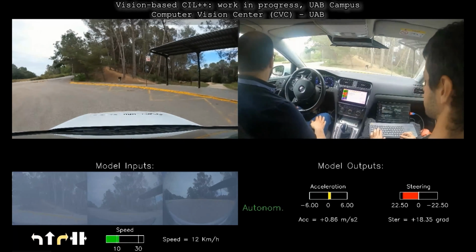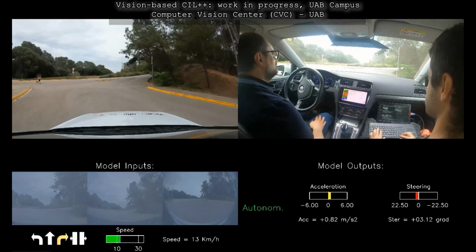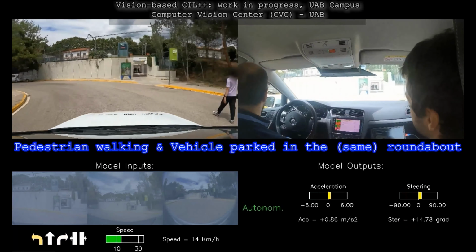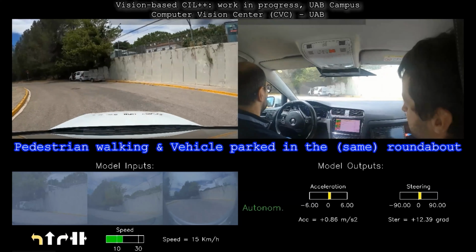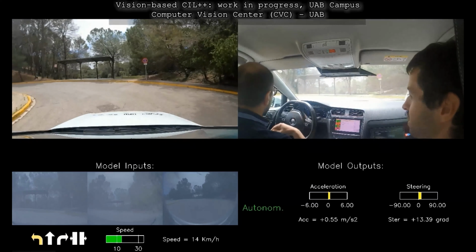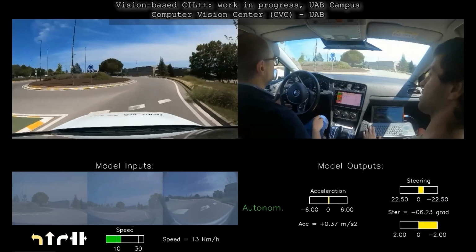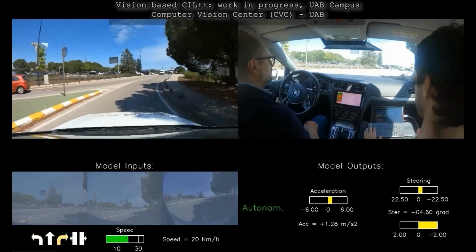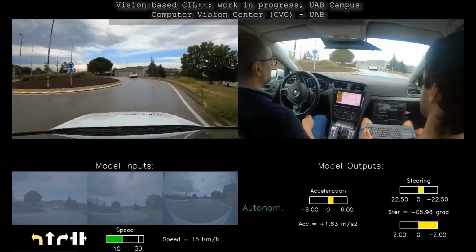And this has been trained on, I think, 20 hours of driving. Yeah, this is the last thing. So we are finishing. I think I can, let's see how much is missing.